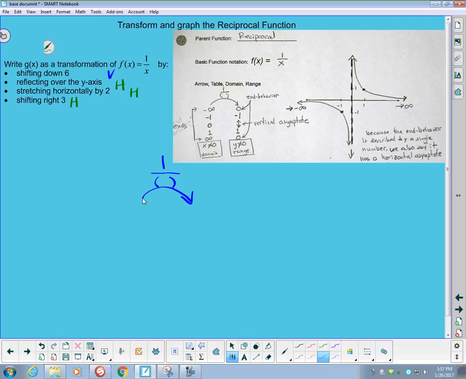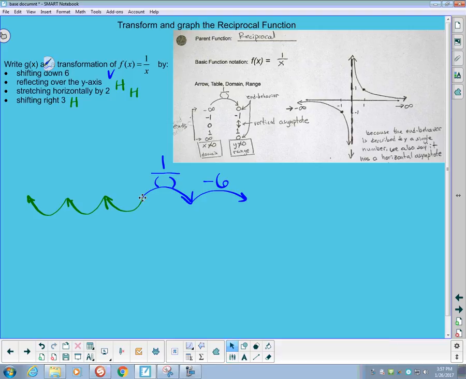So tacking on here, we are going to get 3 horizontal transformation arrows, and we are going to get 1 vertical transformation arrow. We can fill that 1 in. That's shifting down 6, so that's a subtraction of 6.